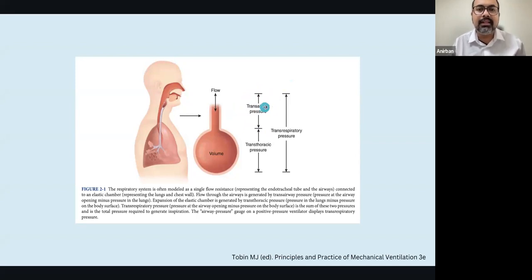One is the resistive force. There is a resistance offered by any hollow structure if there is a gas flow across it, and there is an elastic force. If you consider lung parenchyma, the individual alveoli together as a single compartment, it is an elastic compartment like a balloon.